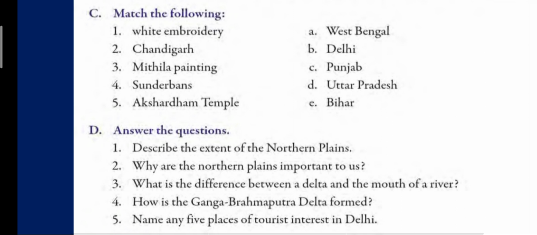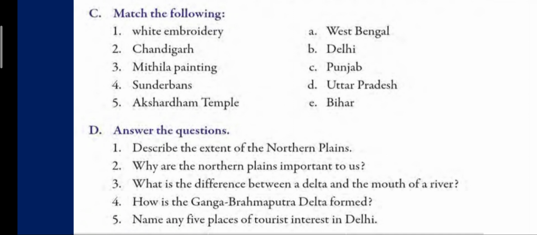So the silt deposited by the river forms a triangular shape at the mouth of the river where it meets the sea, and this triangular formation is known as delta, and this delta is the world's largest delta, and this is how the Ganga Brahmaputra delta is formed.